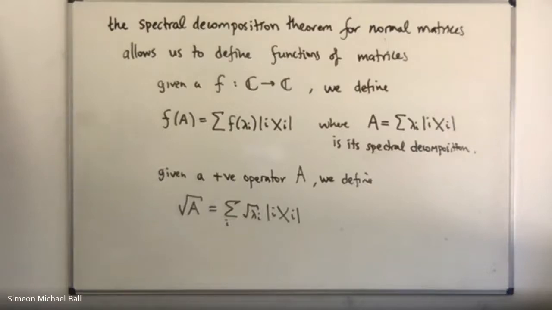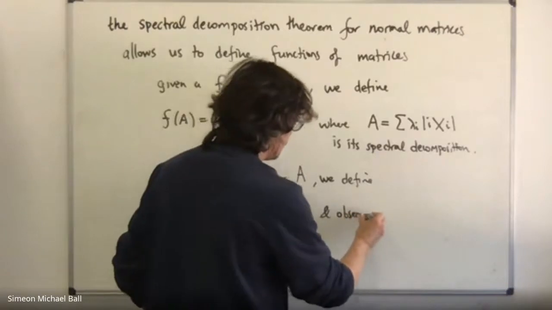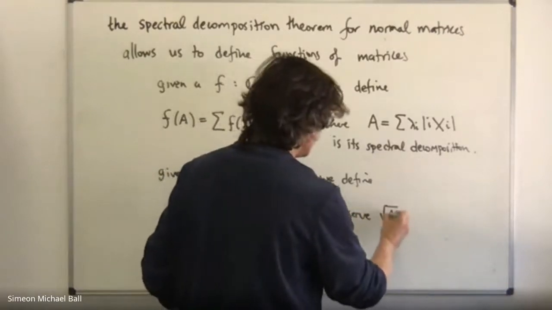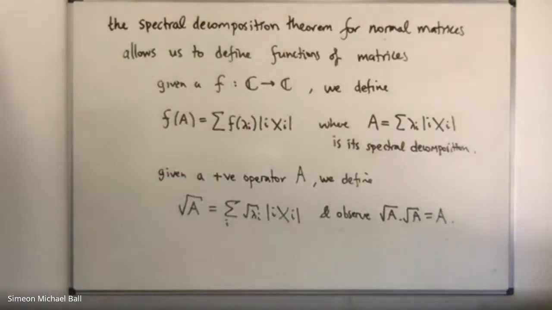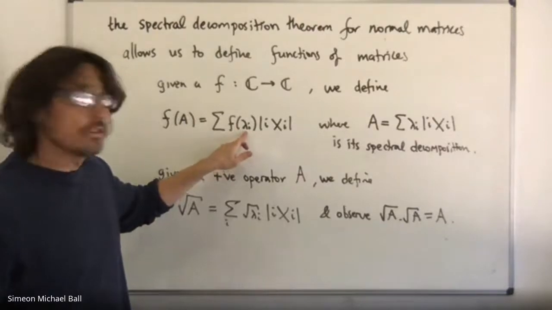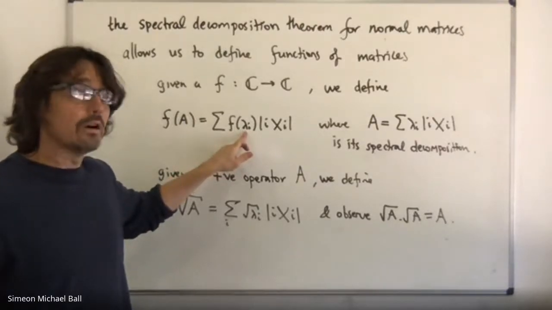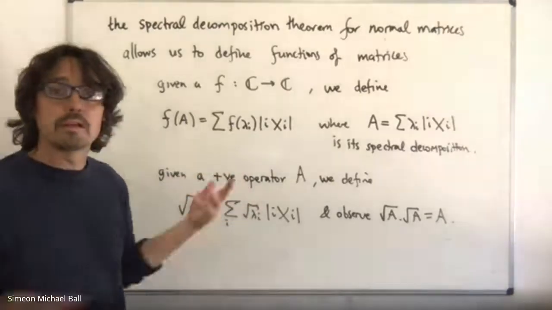And observe that it indeed has the square root property: if we multiply them together, we will get A. In fact, once you've got the diagonalisation, you can define any power. This is the half power, but you can put any exponent in here and it will behave exactly as you expect it to.